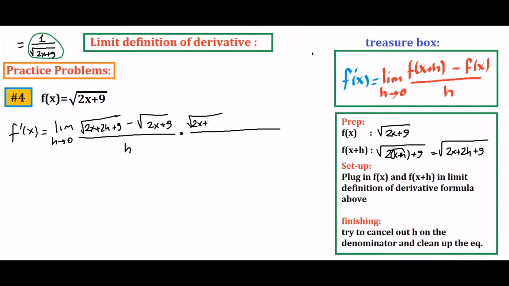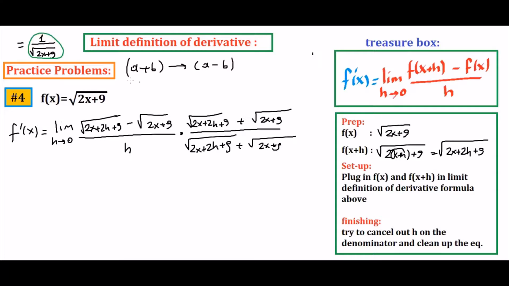So we multiply by the square root of (2x + 2h + 9) plus the square root of (2x + 9), over the same expression. Conjugate means, let's say you have a plus b, then the conjugate is a minus b. If you have a minus b, then the conjugate is a plus b.